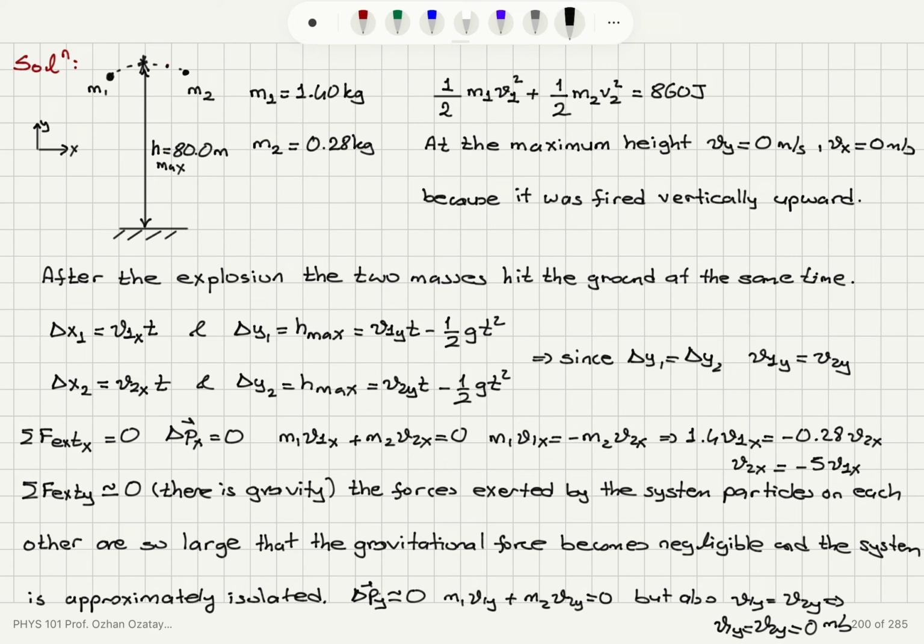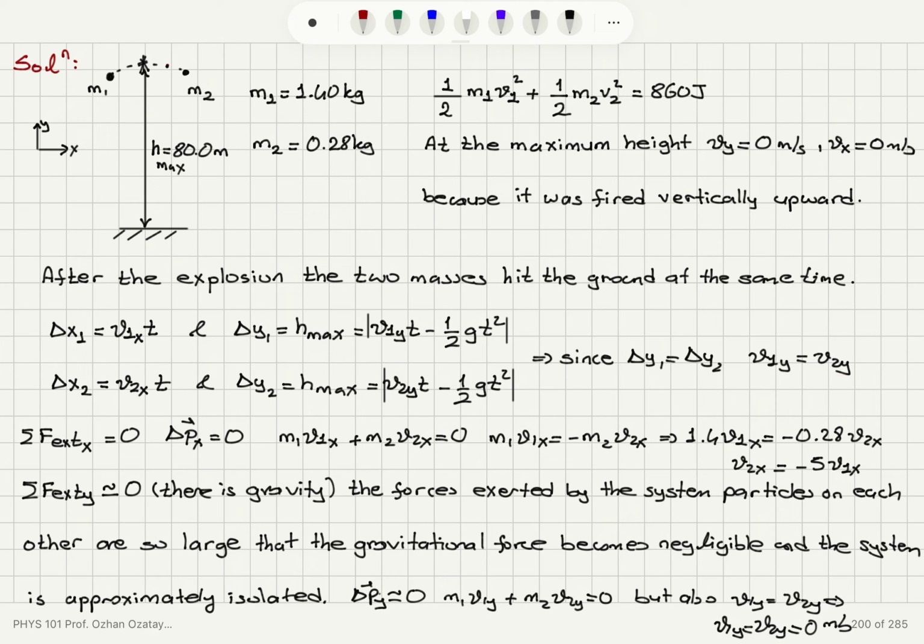Because I have written this as magnitude here, I should probably put an absolute value here. Okay, so this will give me delta y1 equals delta y2, and the times are the same, which implies that they have the same y component.